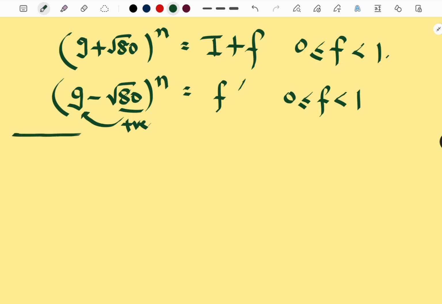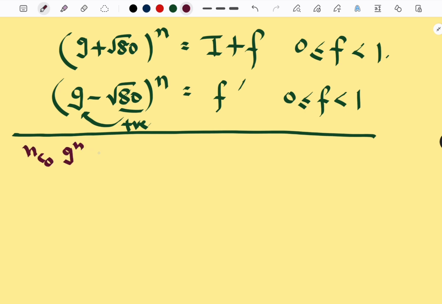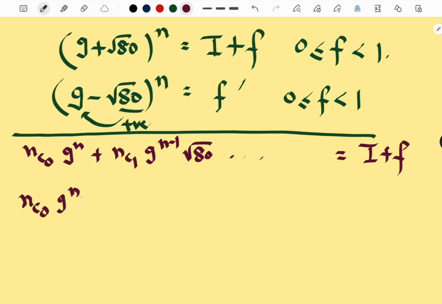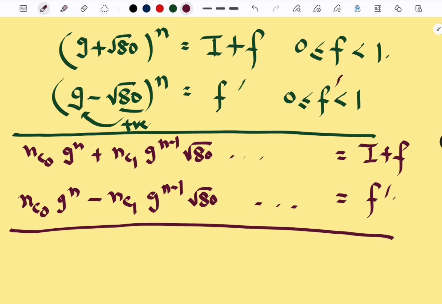Now let's try to expand. By expansion, this will be nC0 9^n plus nC1 9^(n-1) root 80, and so on. I am expanding the first one, so this will be equal to I plus f. Again for the second one, nC0 9^n minus nC1 9^(n-1) root 80, and this will go on, and this will be f'. What are we required to do?